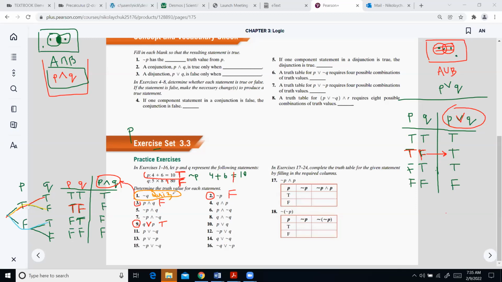All you have to tell me is either T or F. So what do you think? Not Q. Would that be correct or incorrect? Is that going to be true or false for the negation of Q?